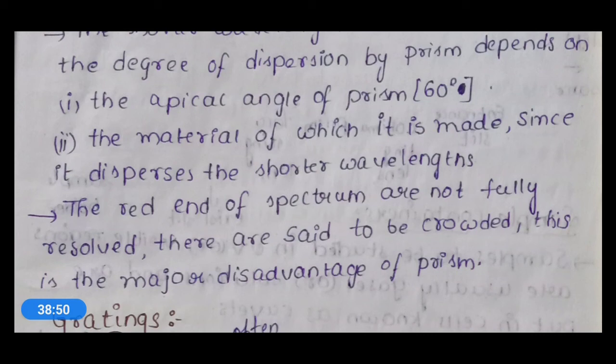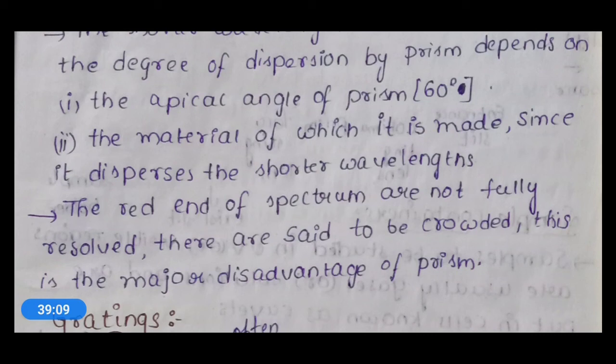Okay, and the red end of the spectrum is not fully resolved. The wavelengths are said to be crowded. This is the major disadvantage of the prism.